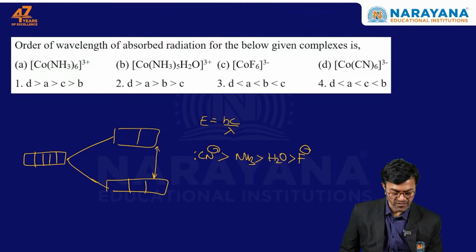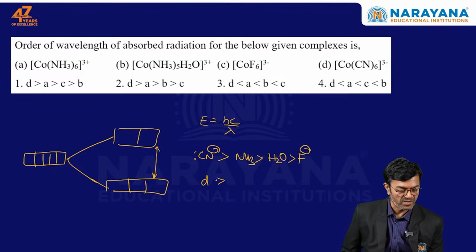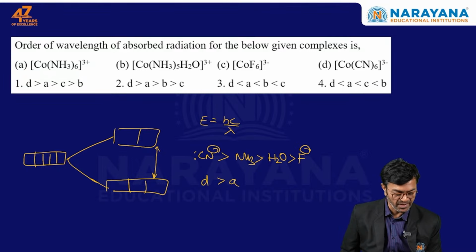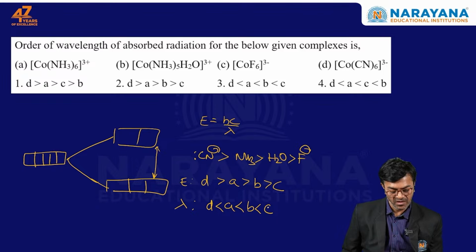So the energy order, meaning the frequency of light they absorb: the CN complex, that is D, then the amine complexes, A having 6 amine ligands and B having 5 amine ligands, so next is A, then B, finally C. This is the energy order, but energy is inversely proportional to lambda and the question asks for the lambda order, so it is reversed: D is less than A, less than B, less than C. That means D, A, B, C, option 3 will be the correct answer.